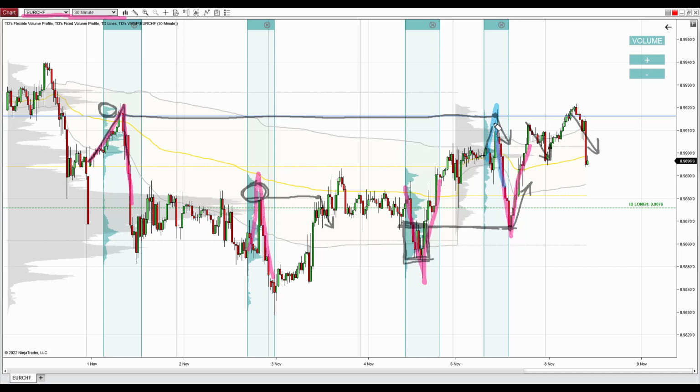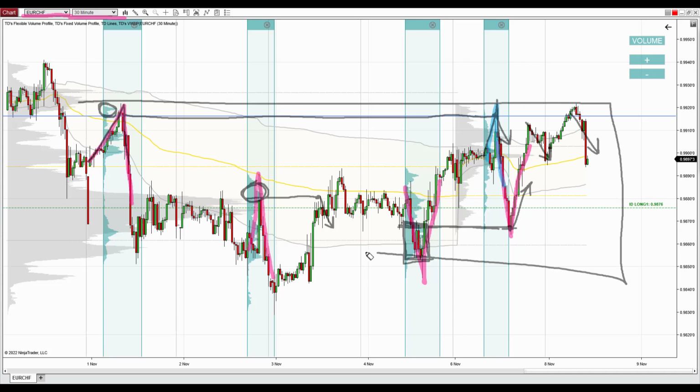But I think that this is mostly because the market was simply in a tight range, in a rotation. And when the market is in a rotation, it likes to react to such areas. But in this case, there weren't any significant volumes here, no significant volume cluster, so I wouldn't trade this one.